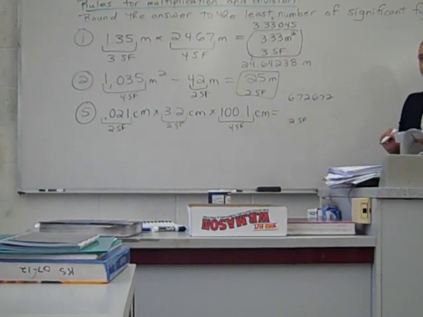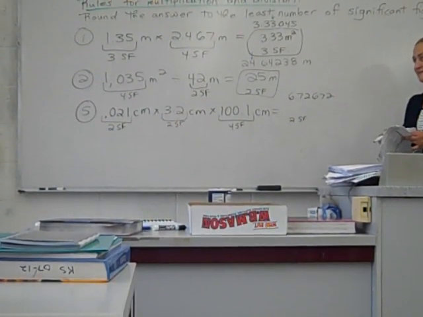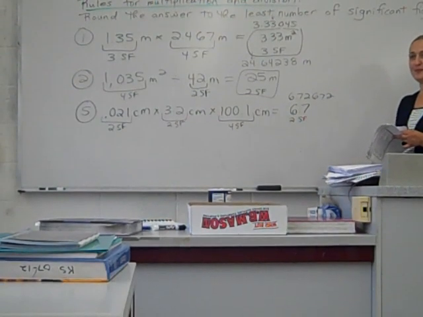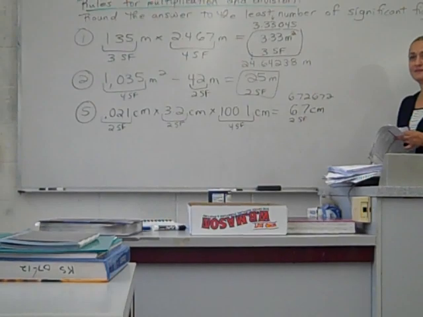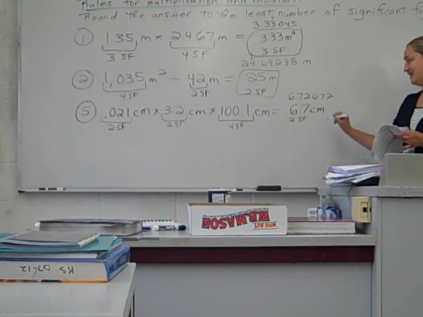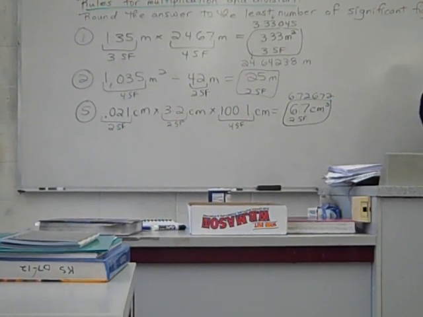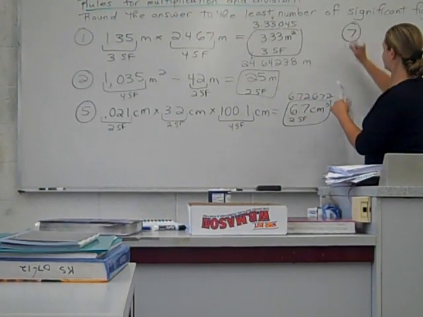How do we round that to 2 significant figures? 6.7. 6.7 what? What's the unit label? Centimeters. It is? Squared. Cubed. Okay. So far so good. Stop me if there's questions. We have 2 more that I want to do. I also want to do 7 and 9.